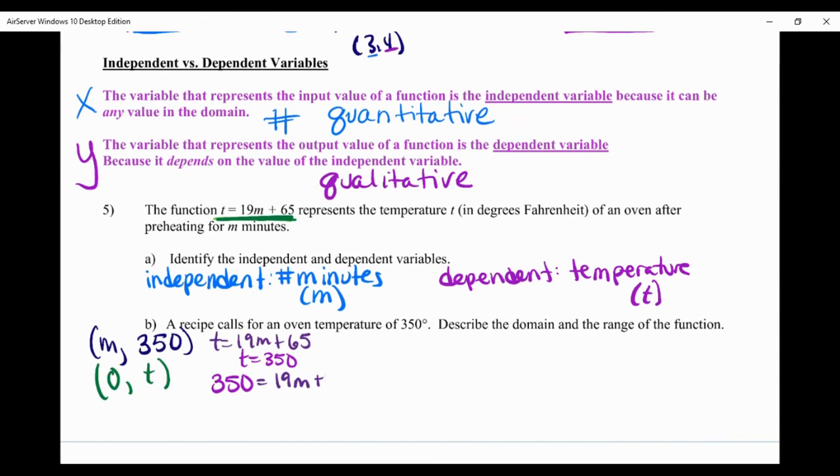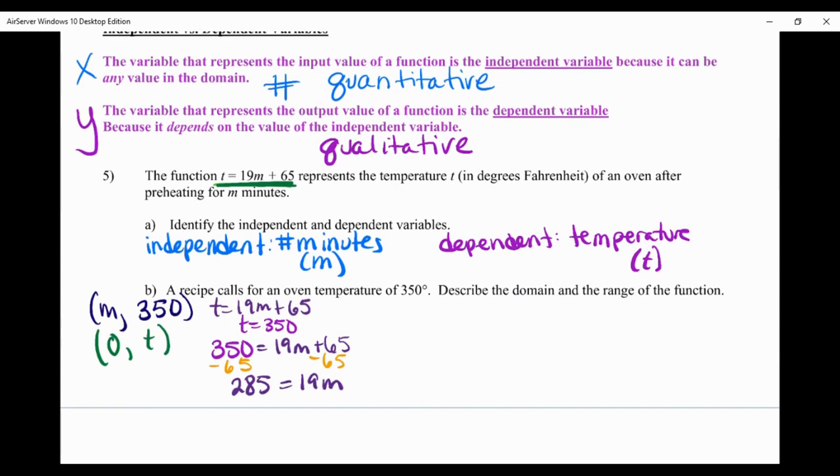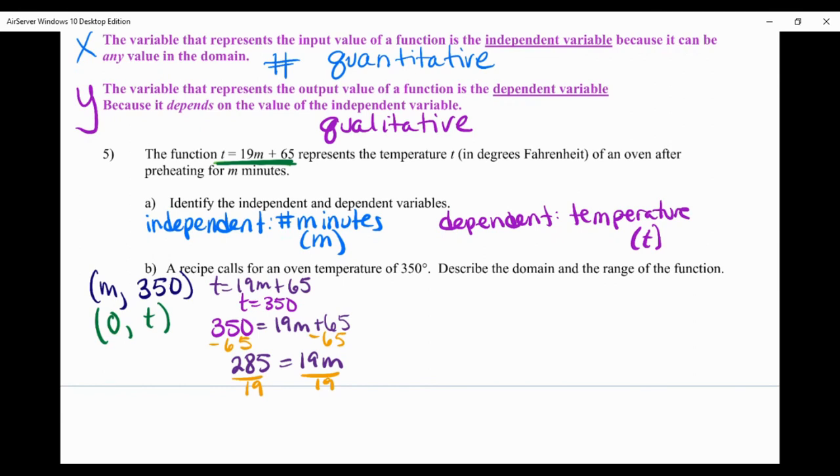Our first step to solving would be to subtract 65, and divide both sides by 19. So it takes 15 minutes for the oven to reach 350 degrees.